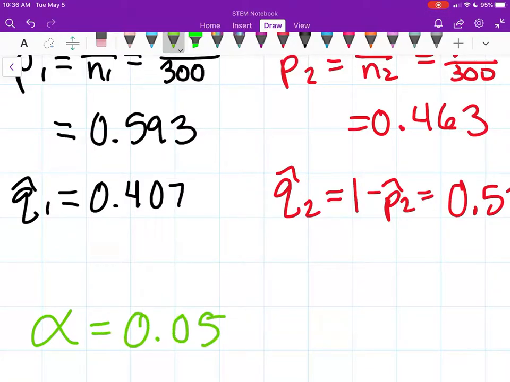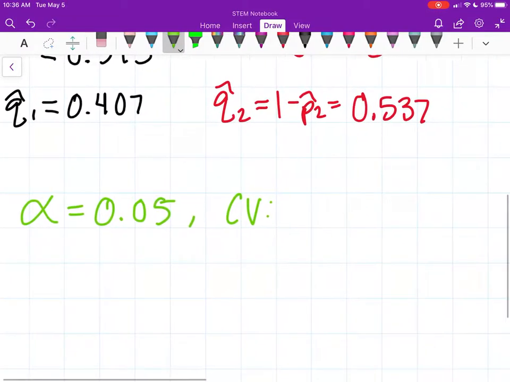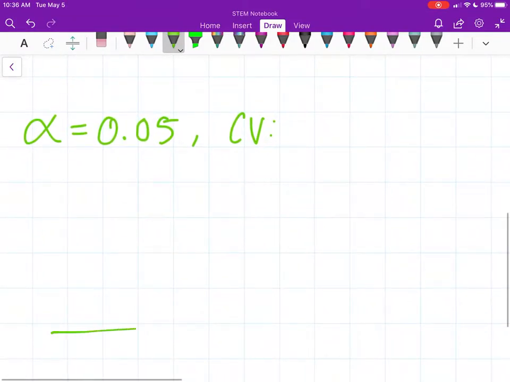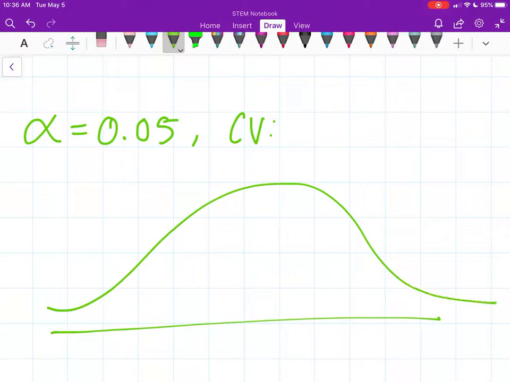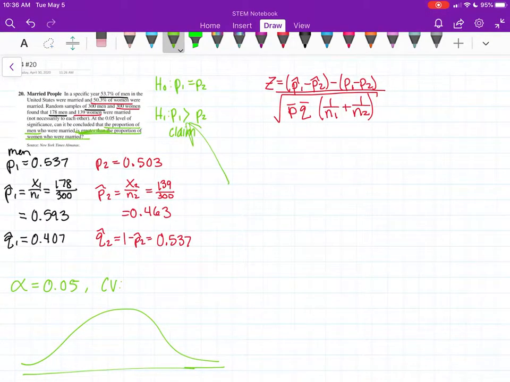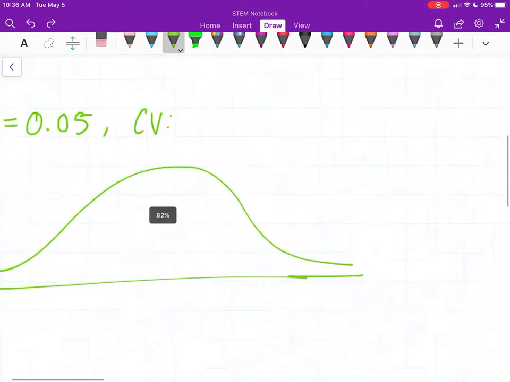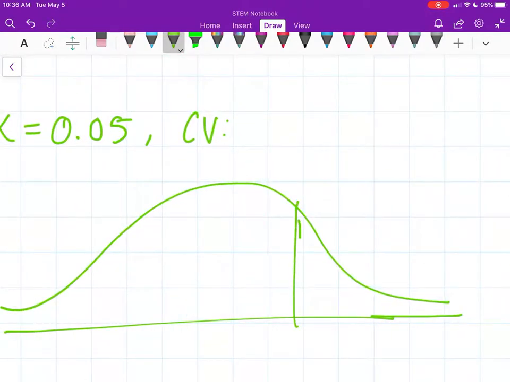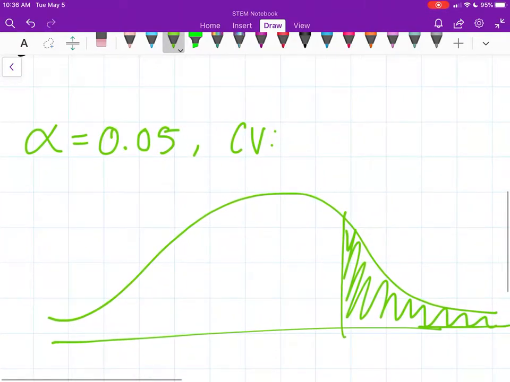So now let's find our critical value. Well, actually, to do that, we have to draw our distribution. And we know it's a right tail test because of H1. Now let's compute our critical value with a one tail test.